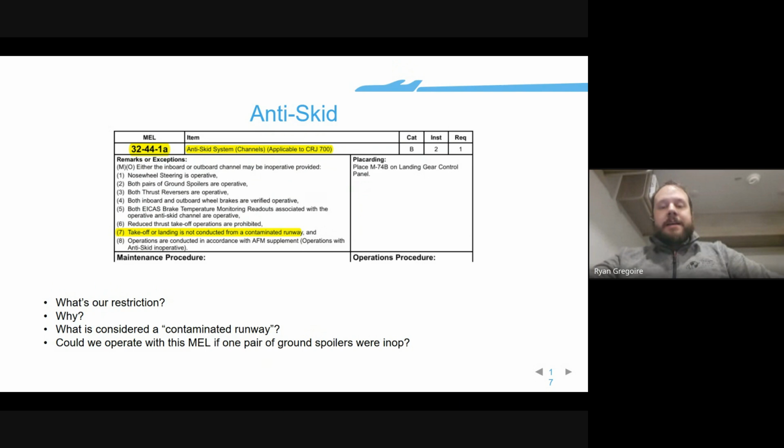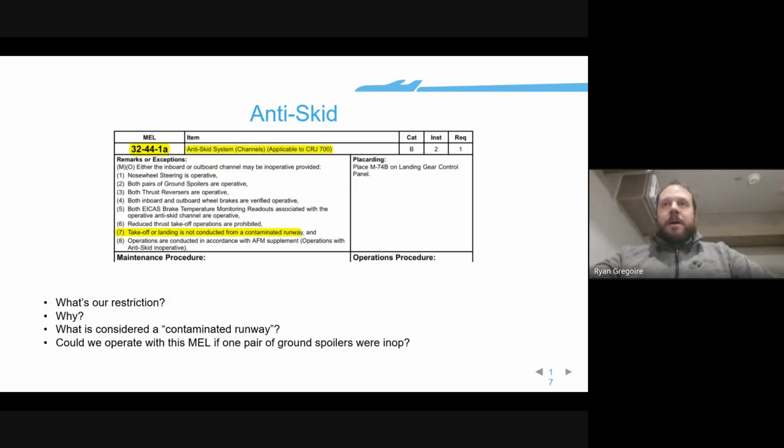That could be atmospheric conditions, if it's really hot, if it's really humid, if you're at high altitude, or it could be a performance penalty from an MEL such as this one that is saying, I don't have as good braking performance as I would if everything else was functional.